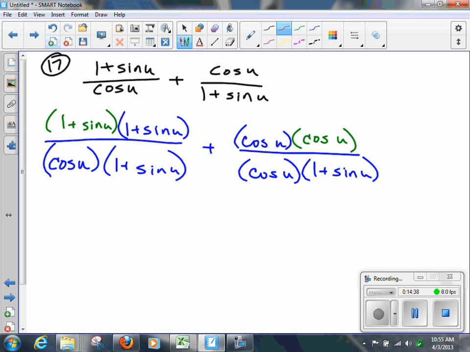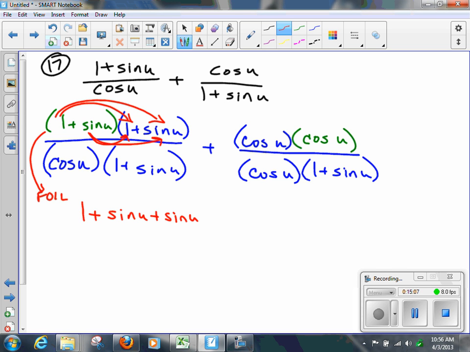Now, what ends up happening to this first fraction in the numerator right here? I've got 2 binomials that are being multiplied, which means FOIL them. Folks, you got to know 1 times 1 is 1. 1 times sine is sine u. Sine u times 1 is sine u.